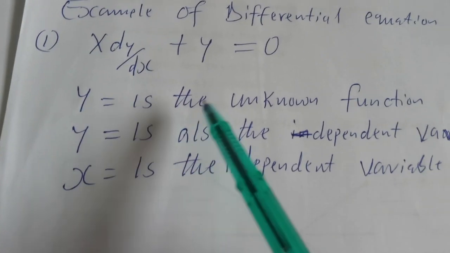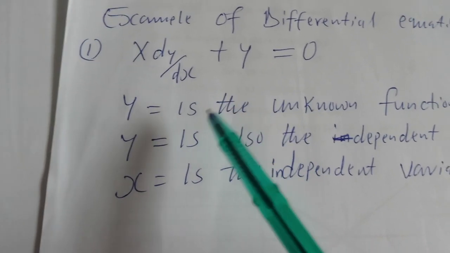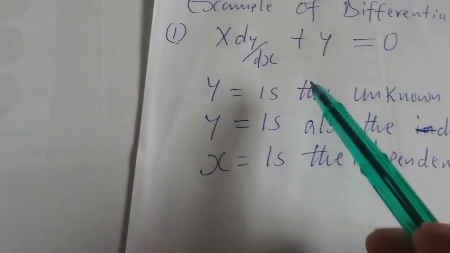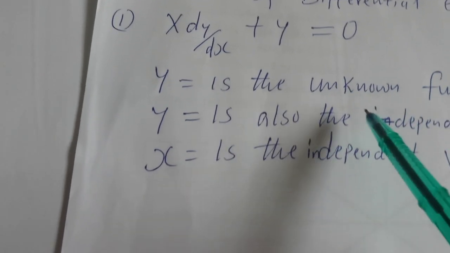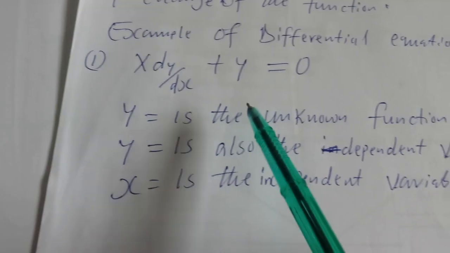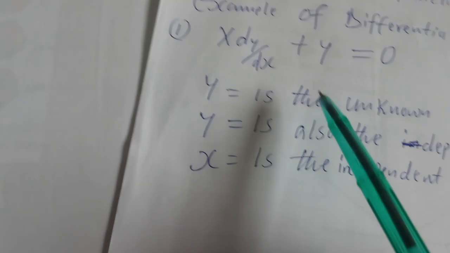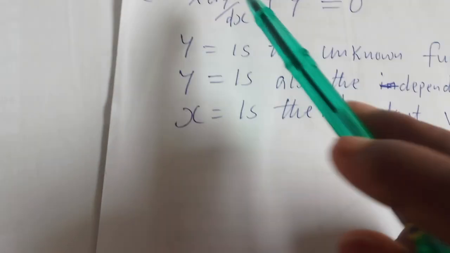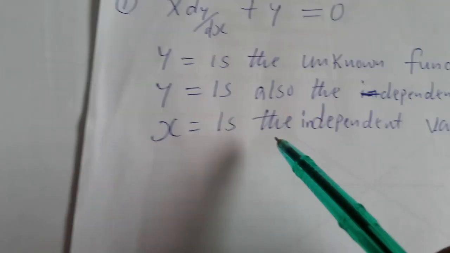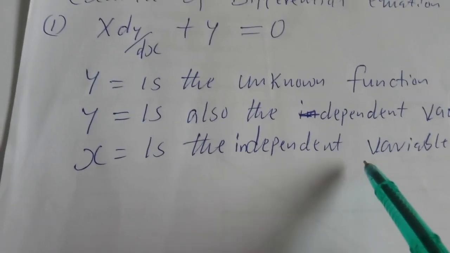Y is the unknown function, and y is also the dependent variable. Also take note that y is a dependent variable, and x is the independent variable.